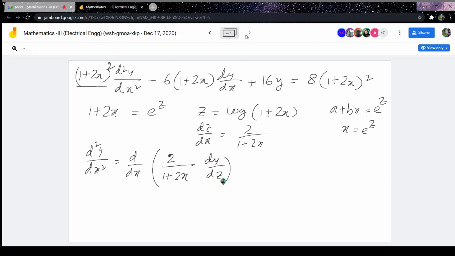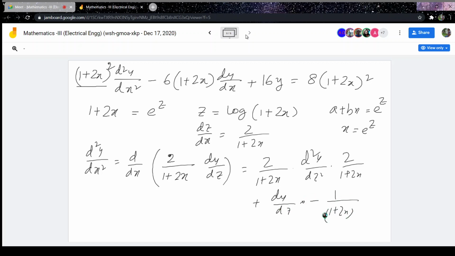Okay. So this will be nothing but... and plus dy dz into minus of 1 by 2x whole square into 2 into 2.